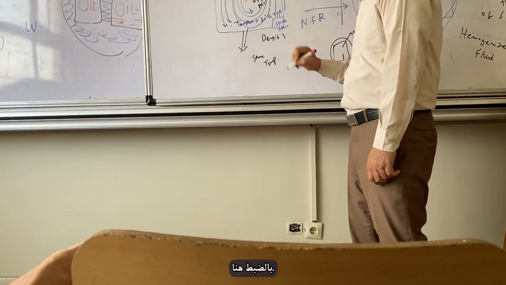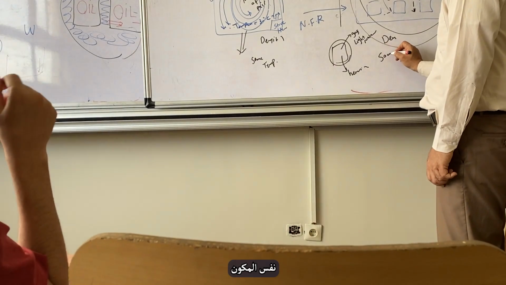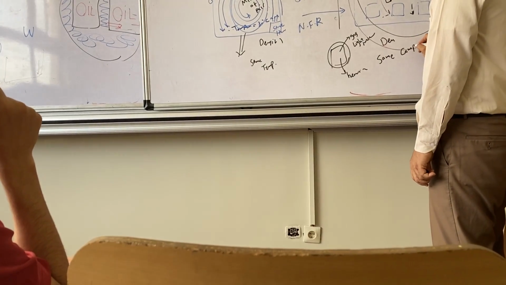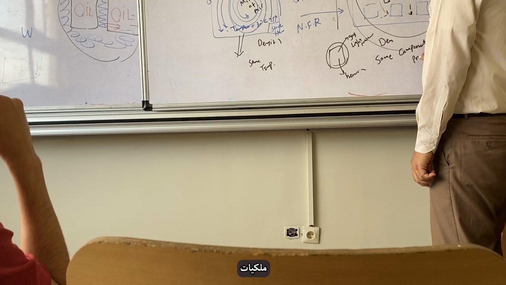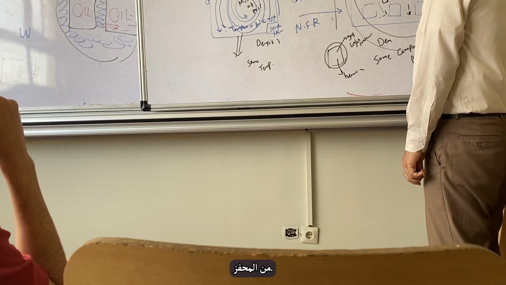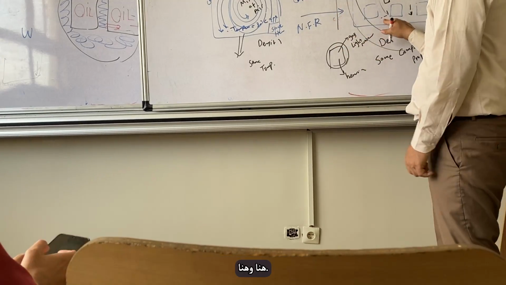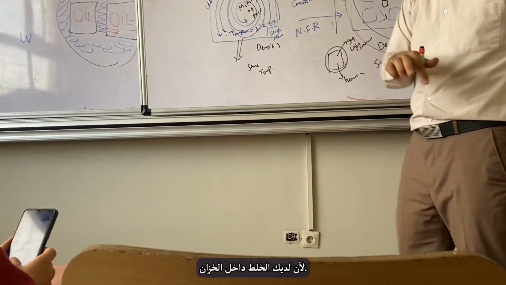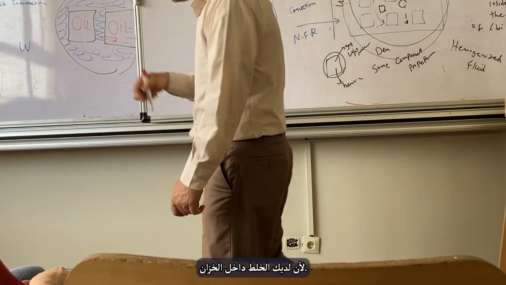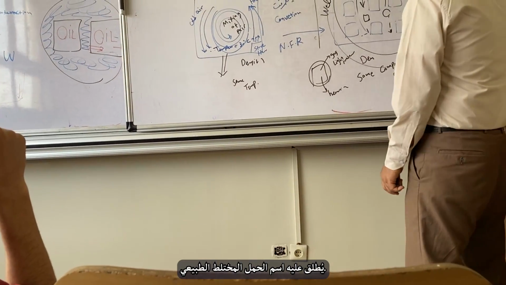Exactly, balanced. Here we have the same component properties. It means that the composition of the oil is the same here and here, because you have mixing inside the reservoir. It's called natural mixing.